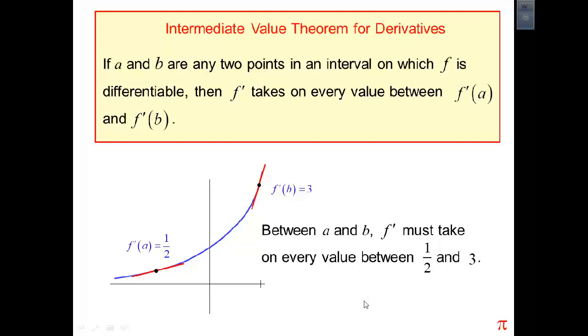No matter what value you can come up with between 1/2 and 3, there is a point somewhere in here that we could find if we knew the function. You know, we're talking 2, we're talking 1.78934, we're talking any value at all between 1/2 and 3. All right, see, told you, short to the point, no big deal.